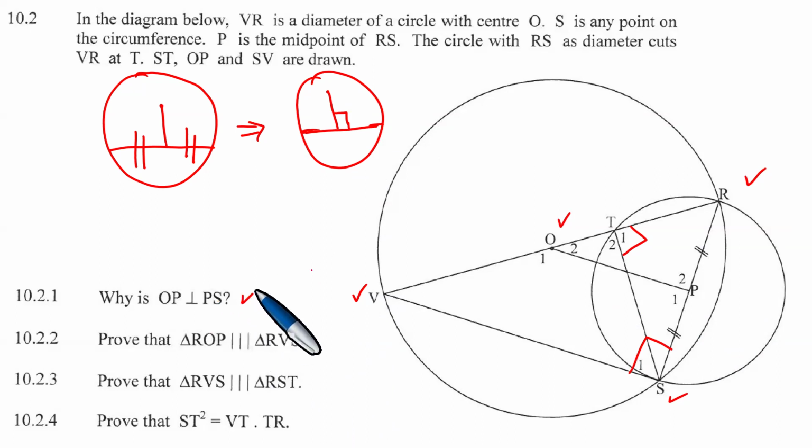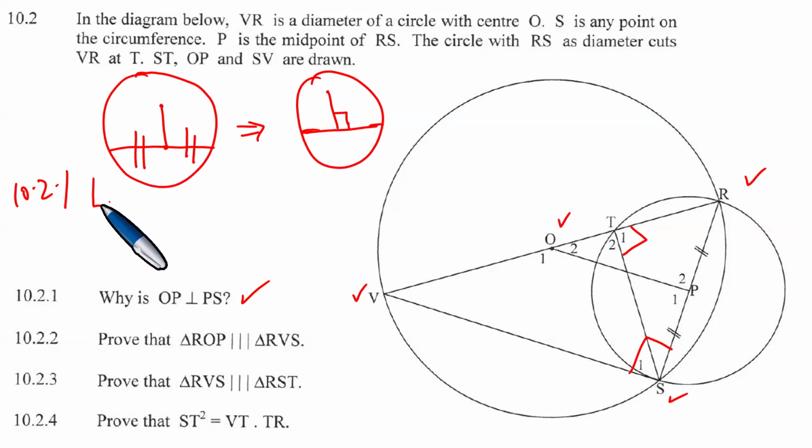That is why these examiners ask you a question, because of that theorem. So the reason in 10.2.1 that the student is expected to state is about line from center to midpoint of chord is perpendicular to the chord. As long as you have a line from the center to the midpoint, so that this part equals this, then it is perpendicular to the chord.